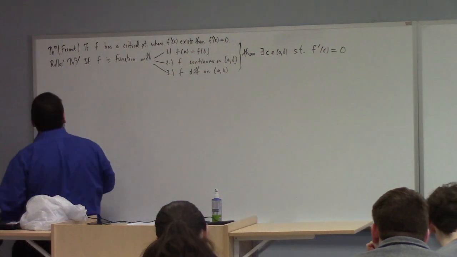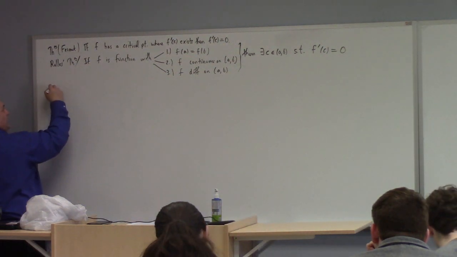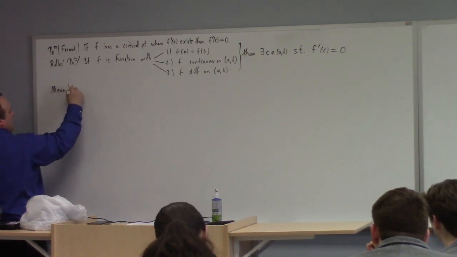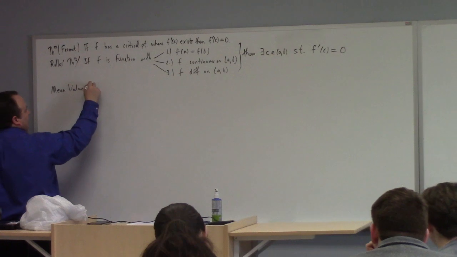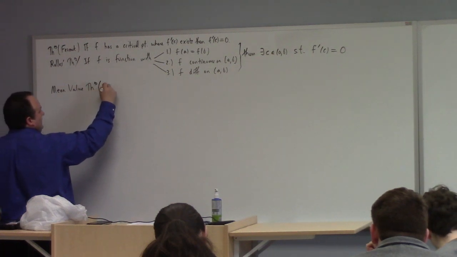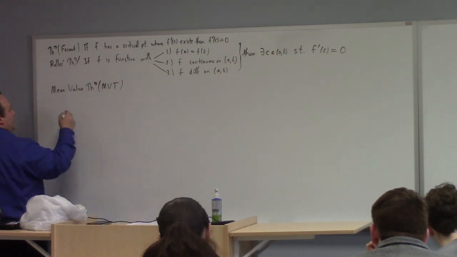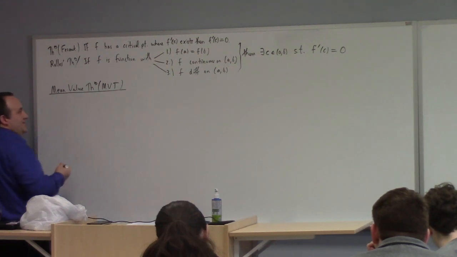That was Rolle's theorem. Rolle's theorem is really just a special case of the more important theorem, which is the mean value theorem, which I usually refer to simply as MVT, most valuable theorem. Not really, just joking.